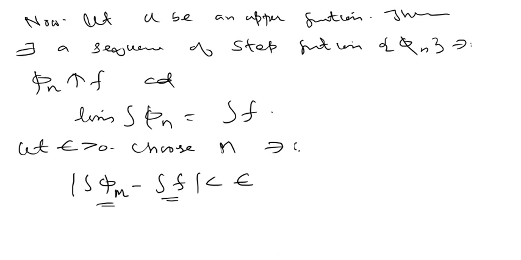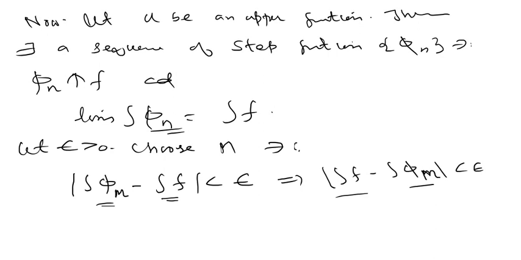This means that the modulus of the integral of f minus the integral of phi n is less than epsilon, but this is non-negative because phi n increases to f. In particular, f is greater or equal to phi m here.